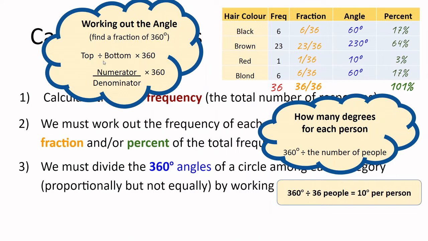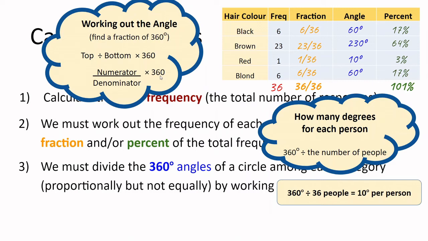We can do the numerator, which is the frequency for each category, divided by the denominator, which is the total frequency for the question, multiplied by 360 degrees, that's the total number of degrees.